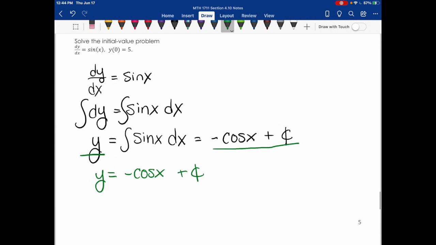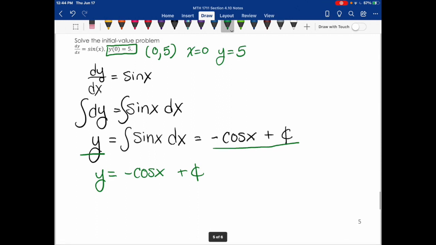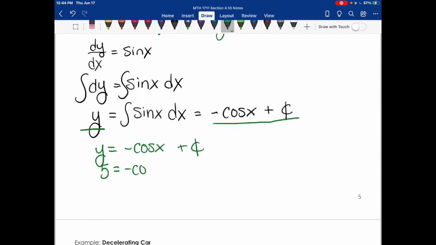Now, we use what's called the initial condition to solve for our constant. So if we look up here, what's given is our initial condition. So we know that when x is 0, we get out that y is 5. So I can plug that in to solve for C. So I'm going to plug in 5 as y, 0 for x in the cosine, and I can solve for C. So the cosine of 0 is 1.